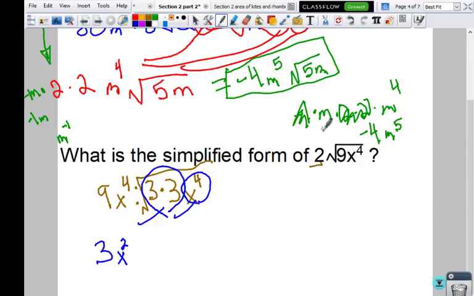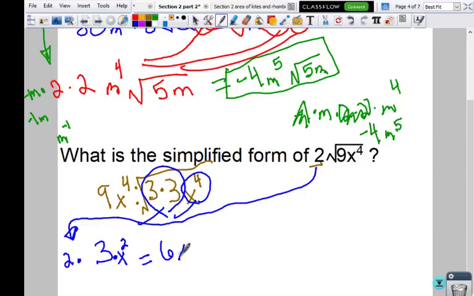No. But I can't forget, I have to bring this 2 back, because it started on the outside, so it's going to come back in here. Everything is being multiplied together. I just forgot to put my multiply sign right there. So 2 times 3 is 6, and I got x squared. There is no square root left, because there was nothing inside of it. So I just have 6x squared.